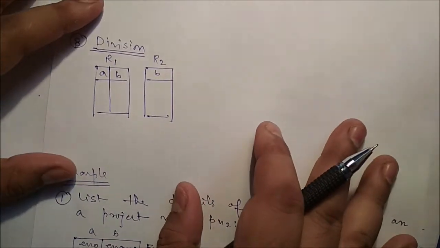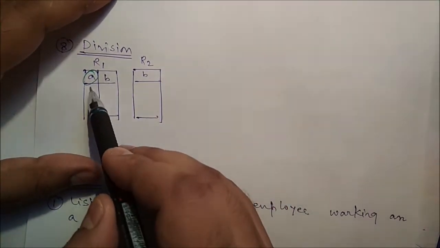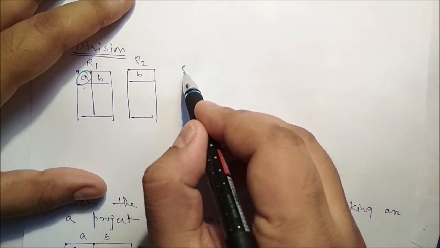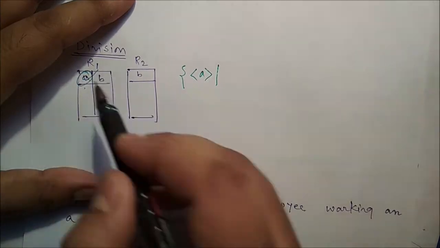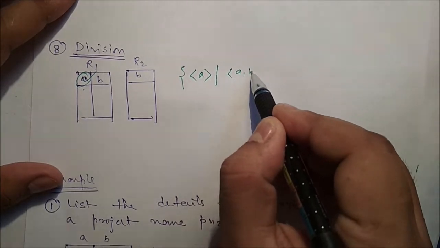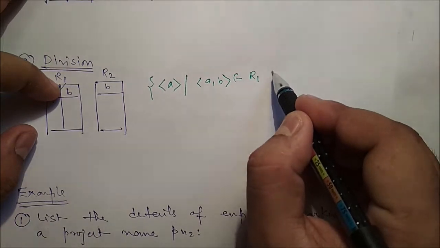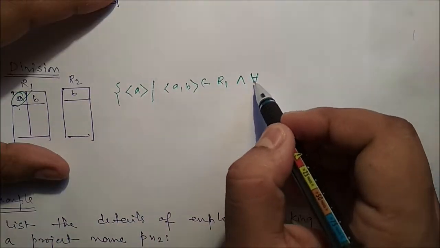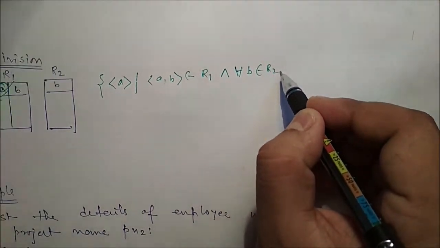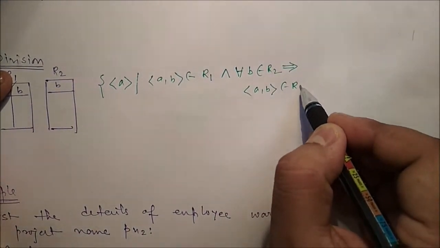Next is division. So we need A: display the A value which is common for all B from R2. We can implement it this way: we need A, where A and B belong to R1, and for all B, if B belongs to R2 it implies that AB belongs to R1.